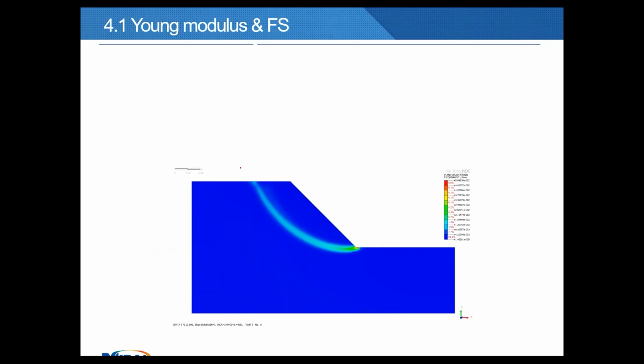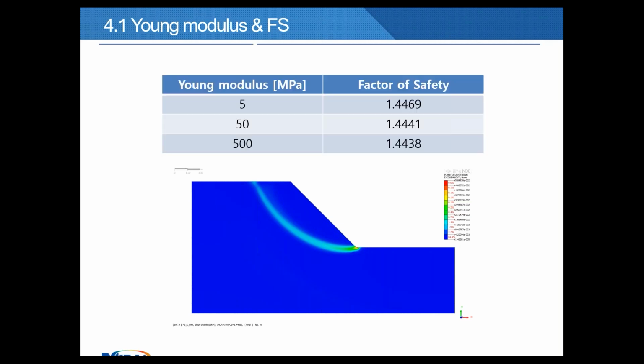For all of these calculations, the slip surface looks exactly the same. And also the factor of safety: for example, with 5 megapascals, we have factor of safety 1.45. For 50 megapascals, we have 1.44. And for 500 megapascals, we also have 1.44.